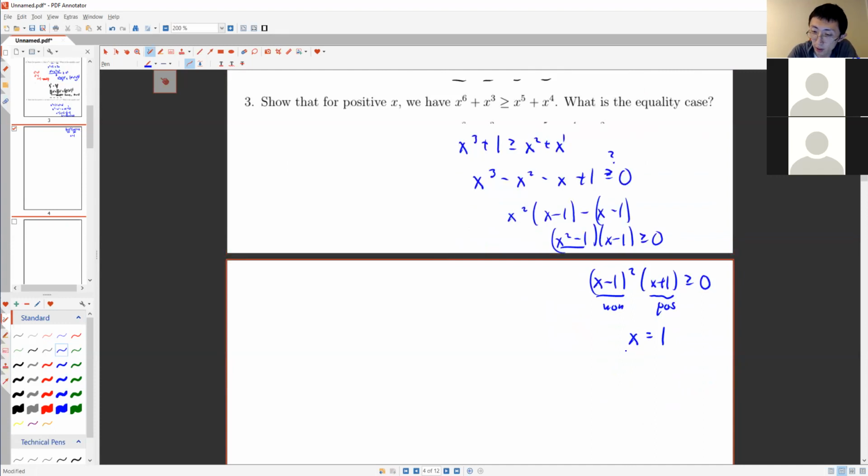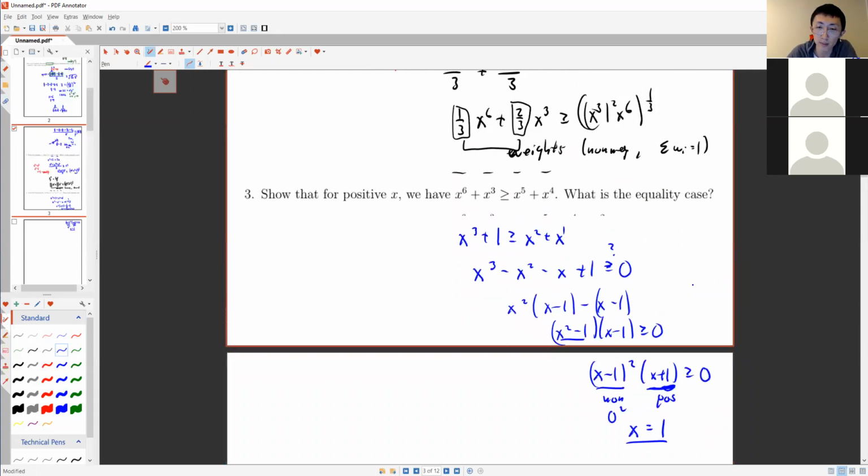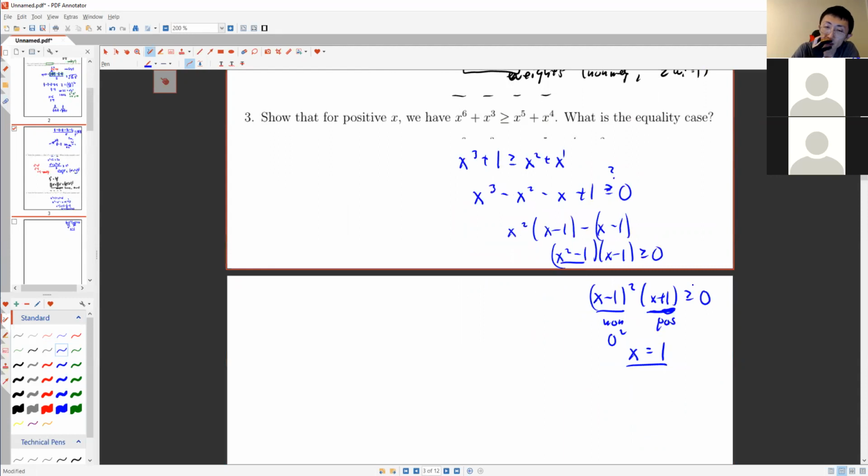So when x equals 1, this will be 0 squared, and this can never be equal to 0 when x is positive. So that's a fine solution. The intended solution was just weighted AM-GM.